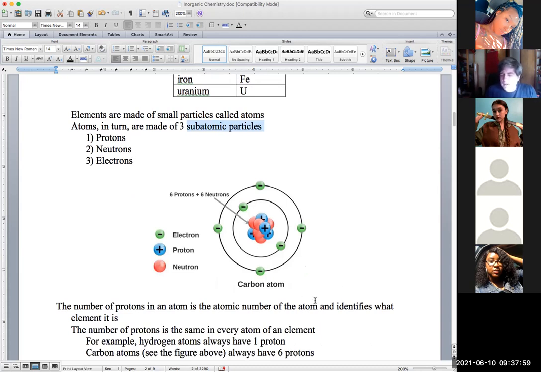So let's look at these 3 types of particles. And here we have a representation of a carbon atom. And we have some blue circles. Now there's really 6 blue circles in here, but 2 of them are hidden behind some of the pinkish red circles.